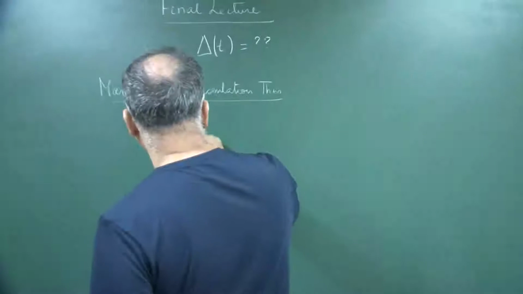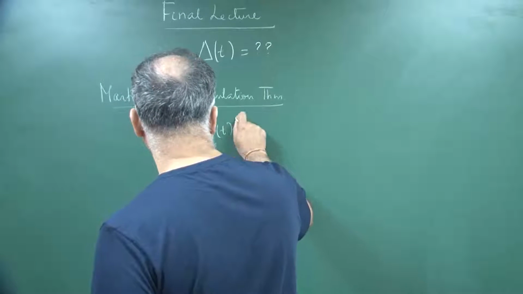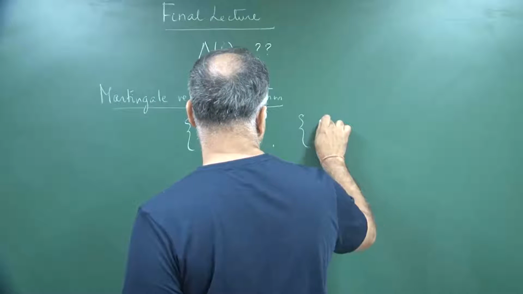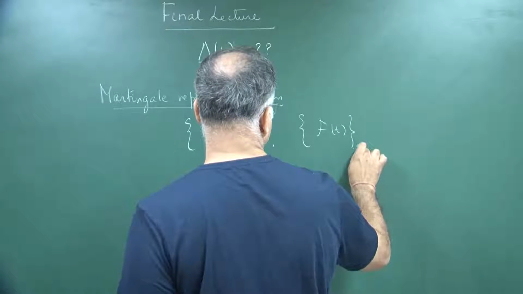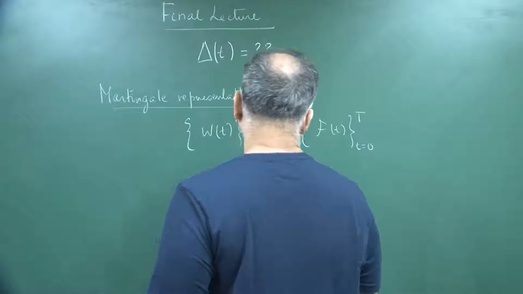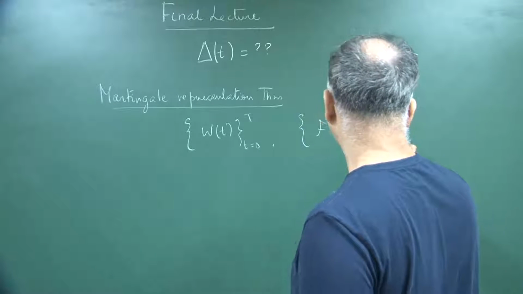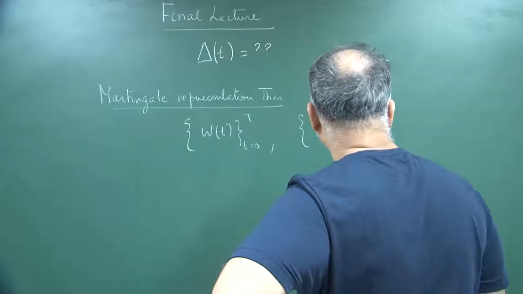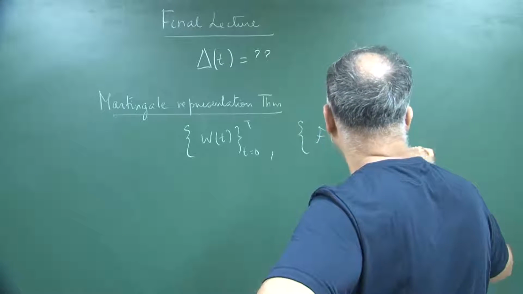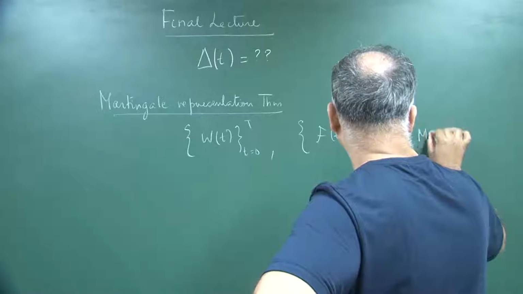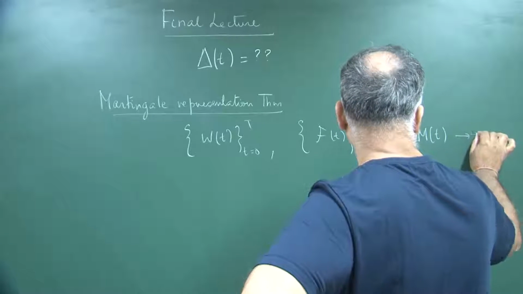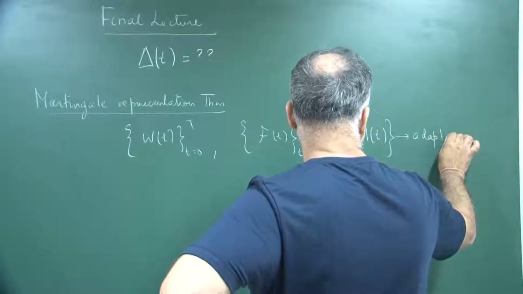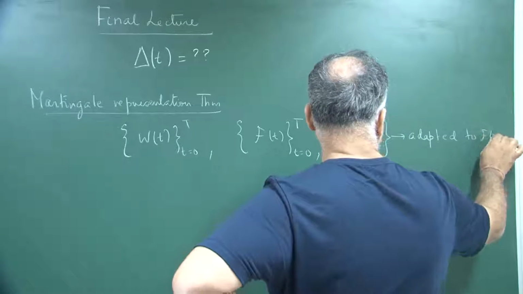So you will have the Brownian motion, you have the filtration associated with the Brownian motion, and also you have M_T adapted to the filtration F_T, and is a martingale.